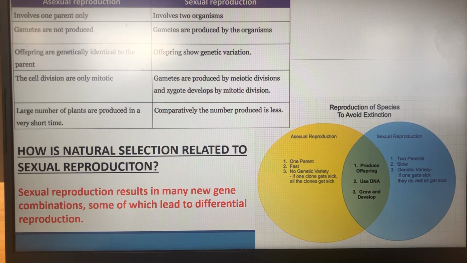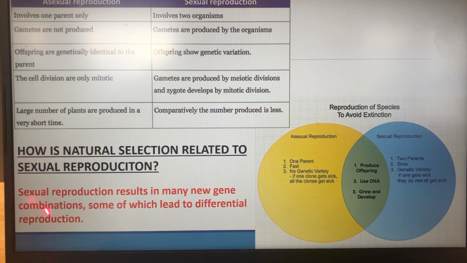That is what we're going to learn about today. How do we make sperm and egg cells? However, with sexual reproduction, you get comparatively less number of offspring, whereas asexual, you're going to get a lot of offspring in a very short time.